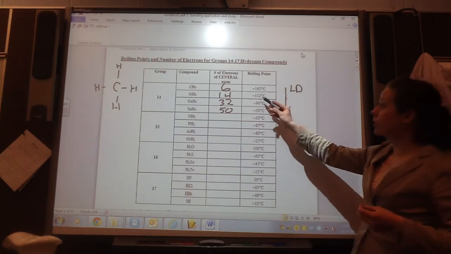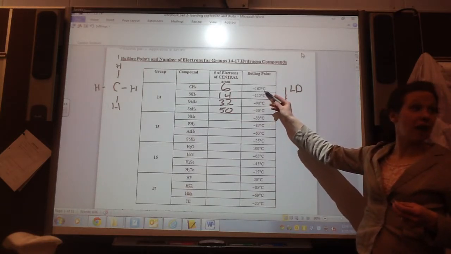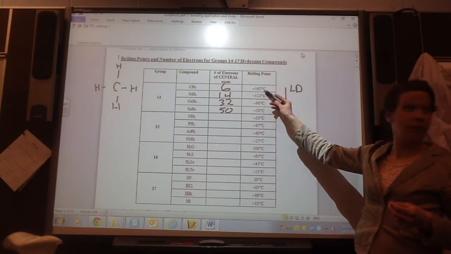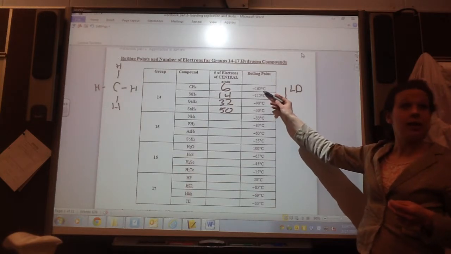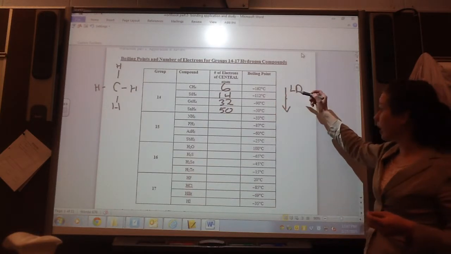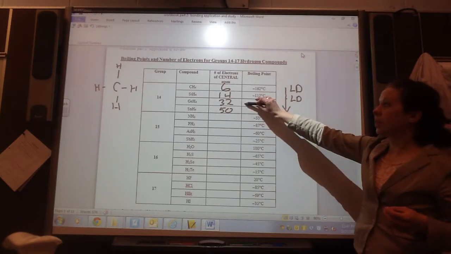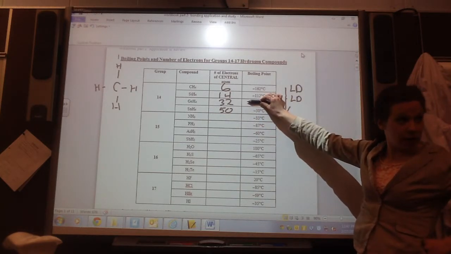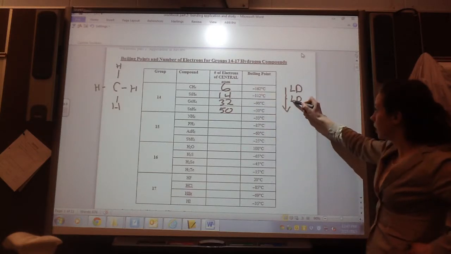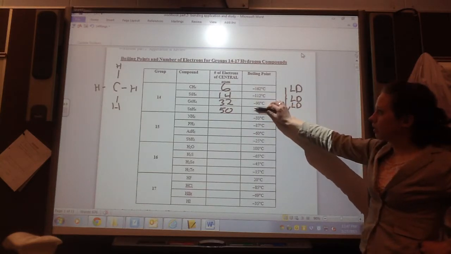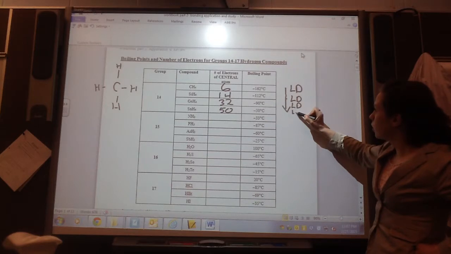So does it have hydrogen bonding? Nope. Does it have dipole-dipole? Nope, because it's not polar. Does it have London dispersion? Yes. Next one. Hydrogen bonding? No. Dipole-dipole? No. London dispersion? Yes. Next one. Only London dispersion.